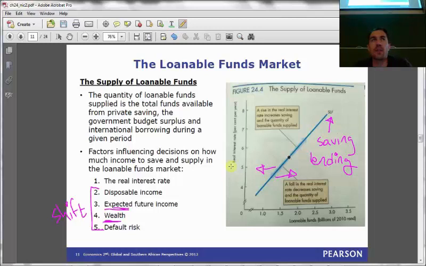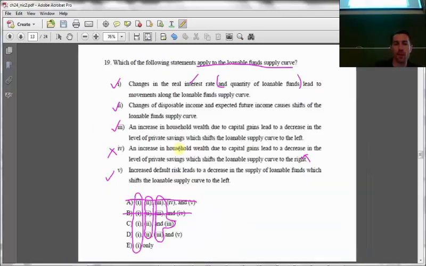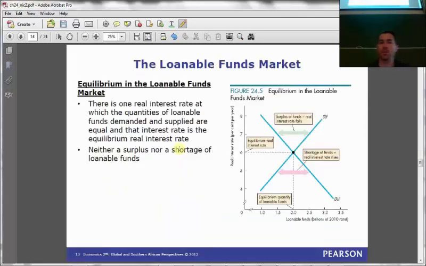If you have savings and you lend them to someone and you expect them to be a high risk, then you would demand a higher interest rate. And if we bring those two together, then we have the market for loanable funds. So loanable funds market, and our equilibrium is where supply and demand intersect.